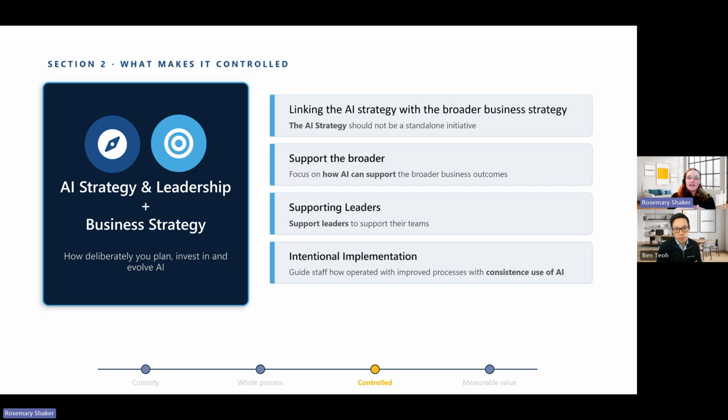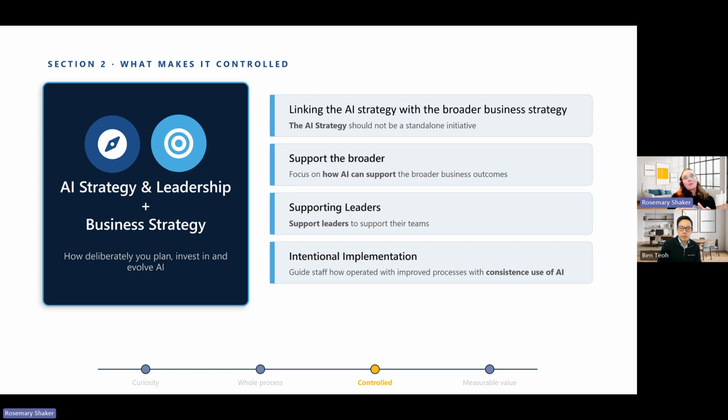What we mean by that is that your AI strategy shouldn't be a standalone initiative. It shouldn't just be, we're going to drive AI into this organization, these are the AI tools we're going to have, and this is what we're going to achieve. This is what we're going to do with AI. We're going to turn Copilot on, we're going to have Studio, we're going to build agents, we're going to do these things, if it doesn't then link in to the rest of the business strategy.